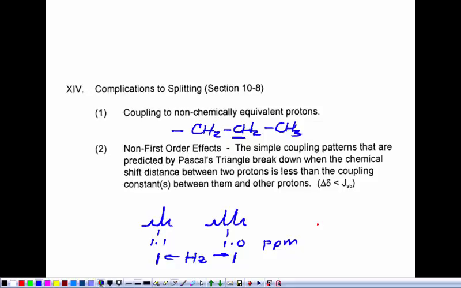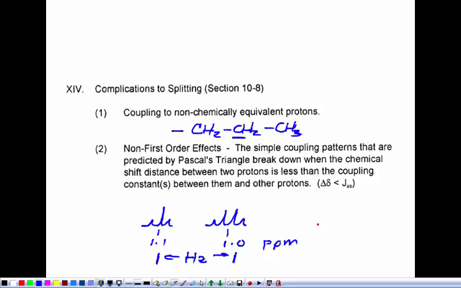So if this peak is at 1.0 parts per million and this is at 1.1 parts per million, that's never going to change if you go to a stronger or weaker field. But what will happen is this: the distance between these two peaks will change. So while the parts per million value doesn't change, the hertz will.